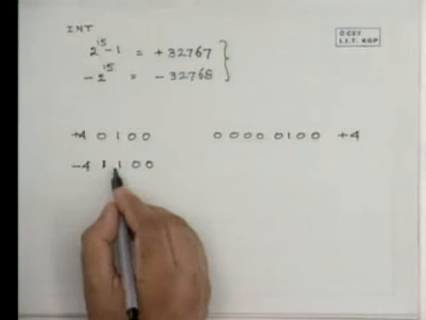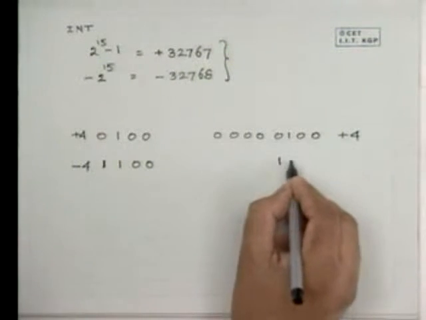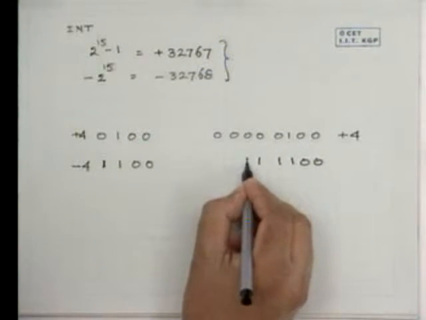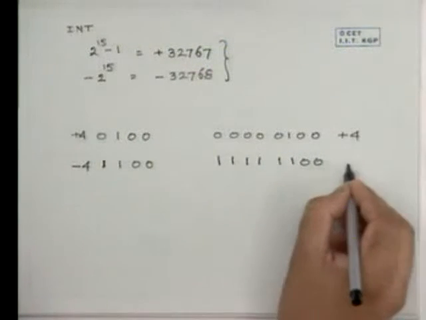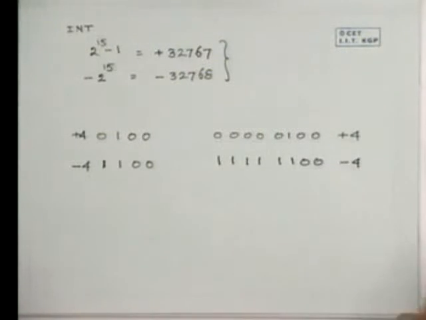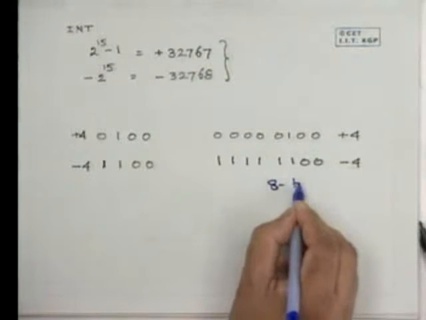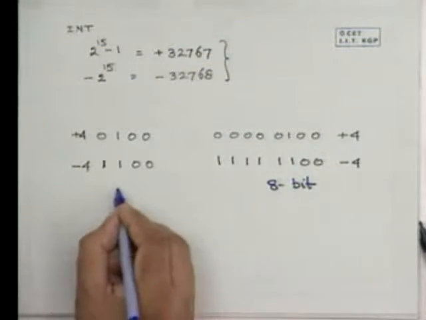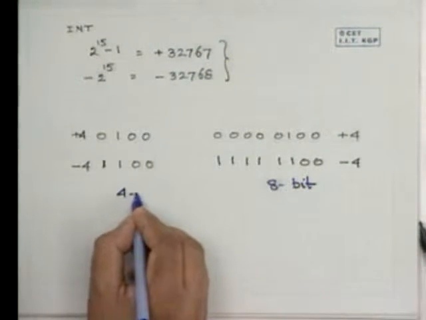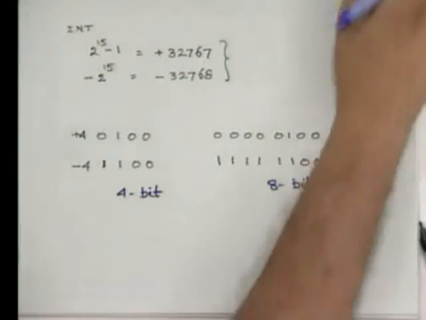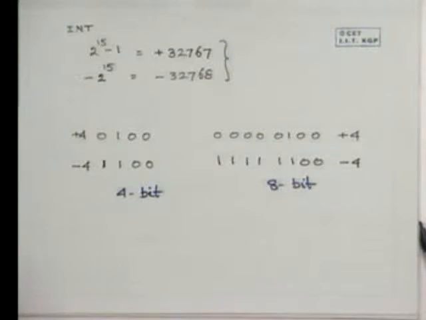For example, this will be 1 1 0 0, and you propagate the sign bit towards the left, which is your -4 in 8 bits. So this was our 4-bit representation.